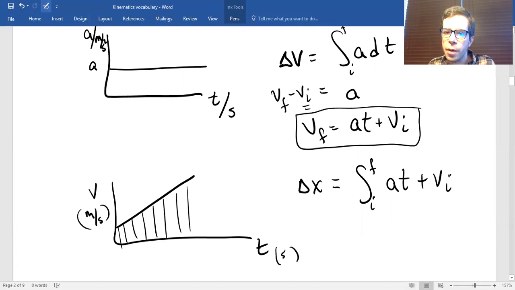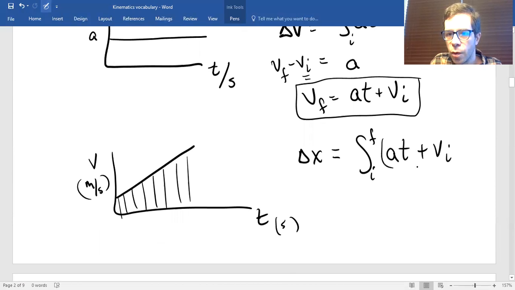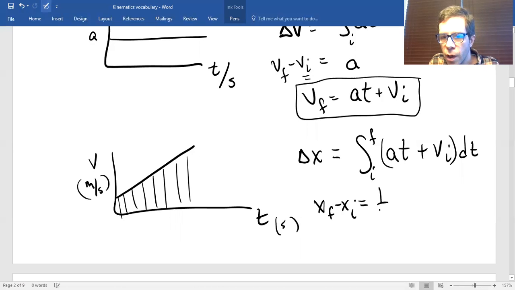All right, so now we're going to take this result and integrate it. And this is again with respect to time. When we integrate this with respect to time, we have our final x minus our initial x, which is just rewriting our delta. The integral of at is 1/2 at squared.